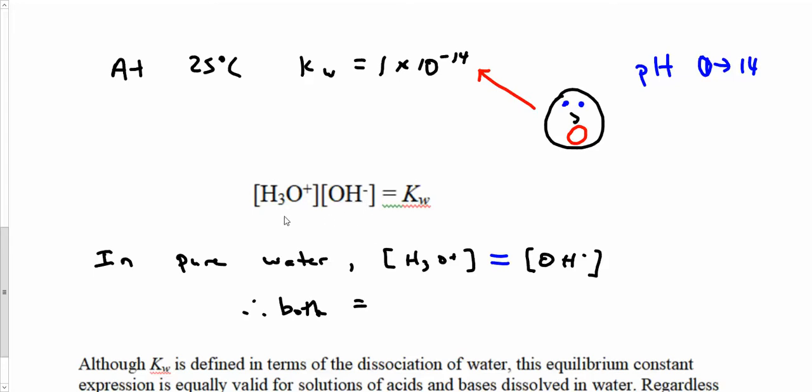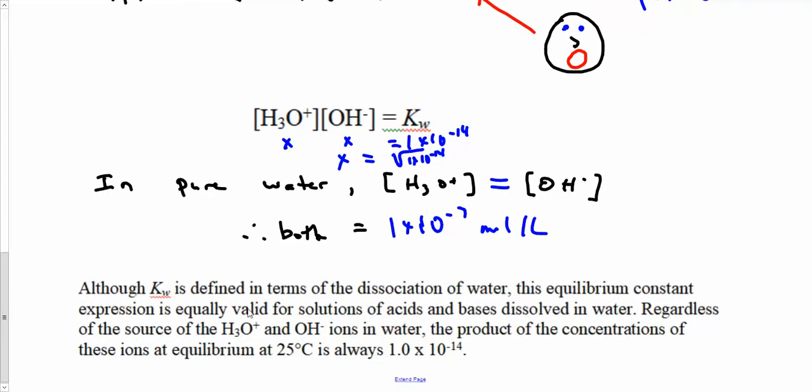So in this case, if I let this be x, and this be x, and this be 1 times 10 to the minus 14, to find x, x squared equals this, so x would be equal to the square root of 1 times 10 to the minus 14, so both here are going to be 1 times 10 to the minus 7 moles per liter. And so we know that the concentration of H3O+ in a neutral solution is 10 to the minus 7, and there's where the 7 is coming from.